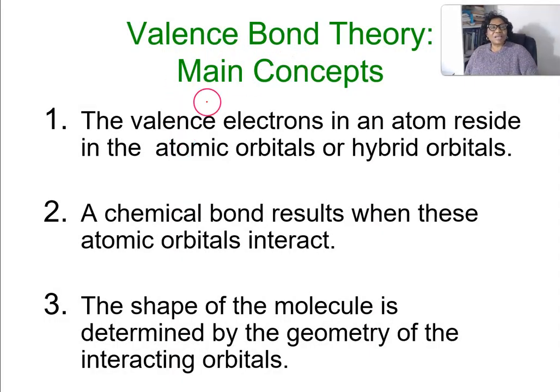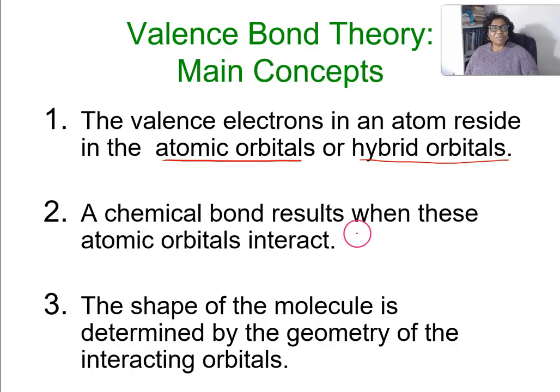So let's examine the main concepts of valence bond theory. 1. The valence electrons in an atom reside in the atomic orbitals or hybrid orbitals. That's what the valence bond theory is saying. 2.